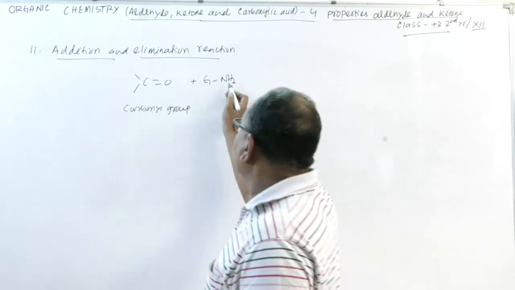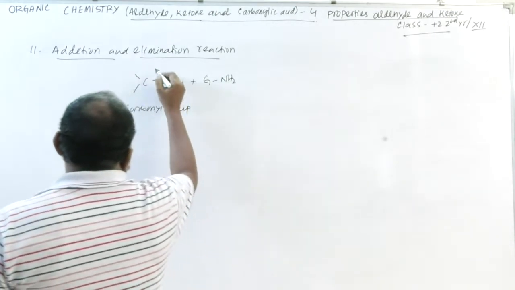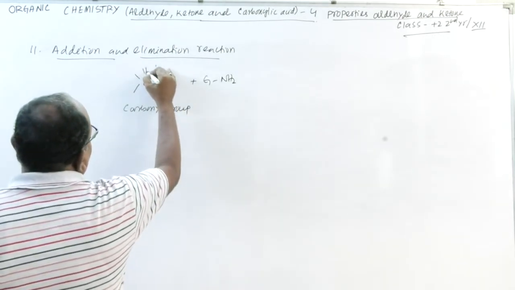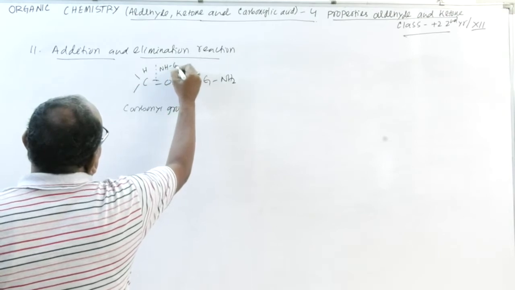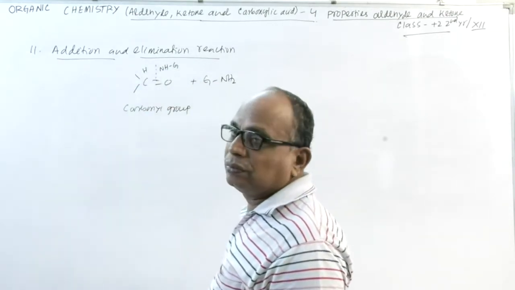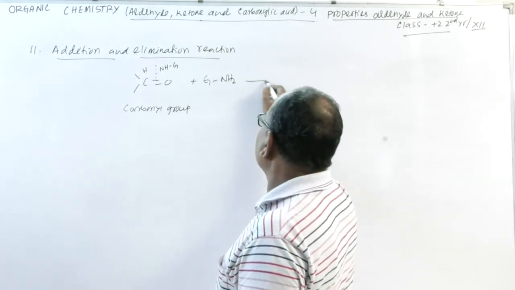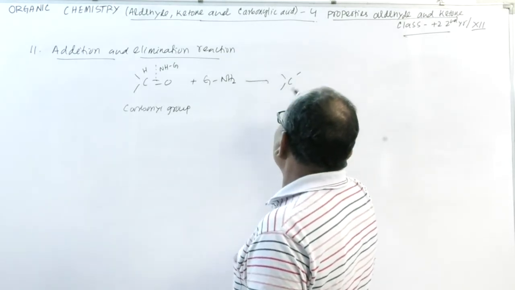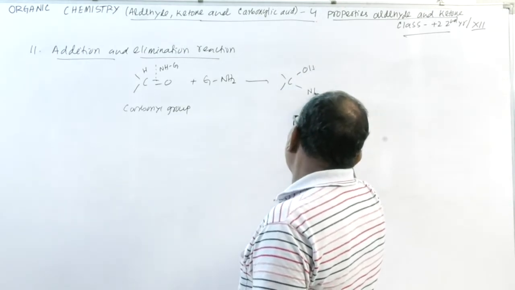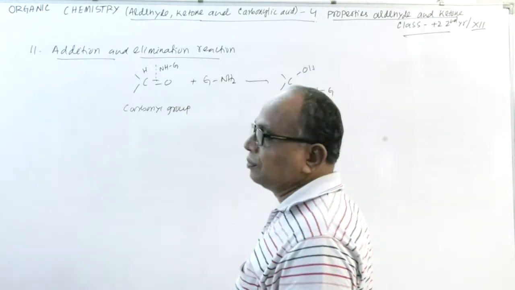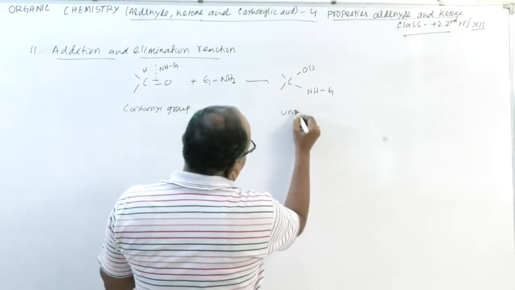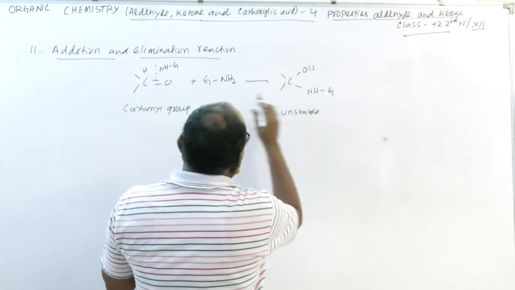To this side you add H, and this side is NHG. When you add GNH2, it gives C(OH)NHG. This addition product is unstable.